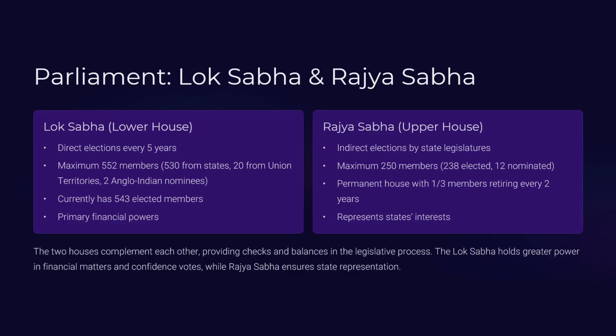It is called a permanent house, with one-third of members retiring every 2 years, and it represents the interests of the states. The two houses complement each other, providing checks and balances in the legislative process. The Lok Sabha holds greater power in financial matters and confidence votes, while Rajya Sabha ensures state representation.